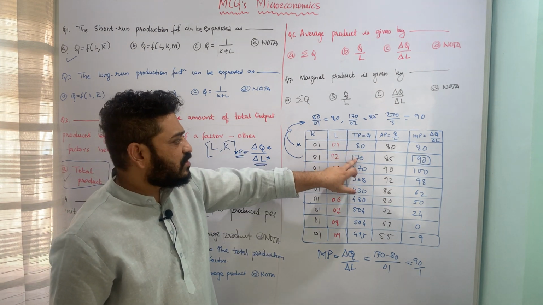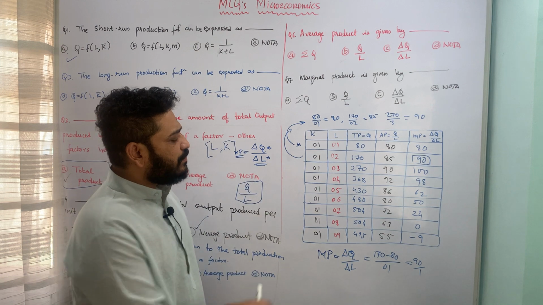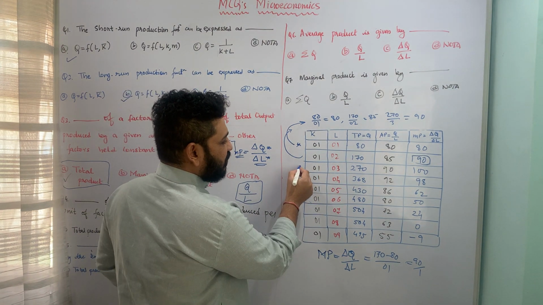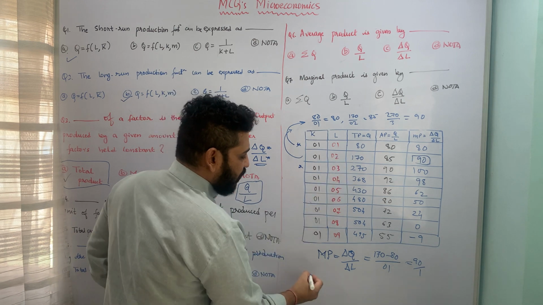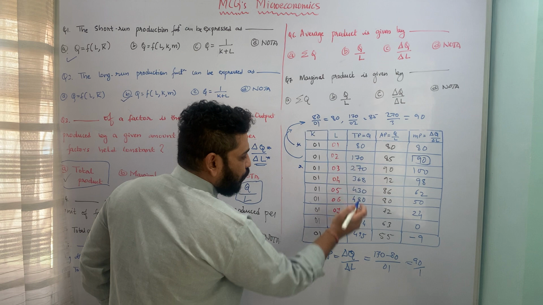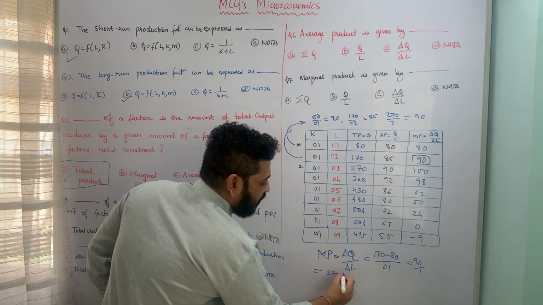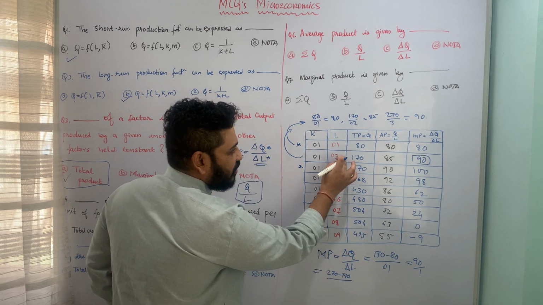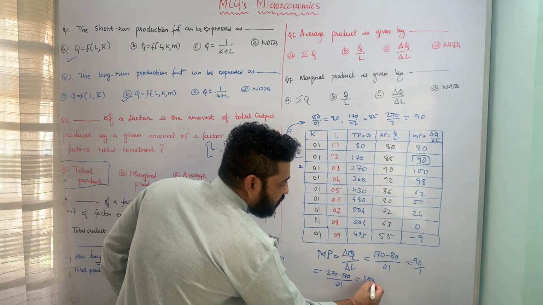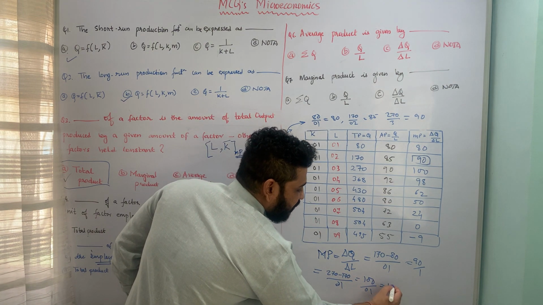In the next step, there is again an underlying change of 1 unit in labor, from 2 to 3. What is the underlying change in Q? 270 minus 170 divided by the change in L, which is 1 unit. So 270 minus 170 is 100, divided by 1 gives me 100.